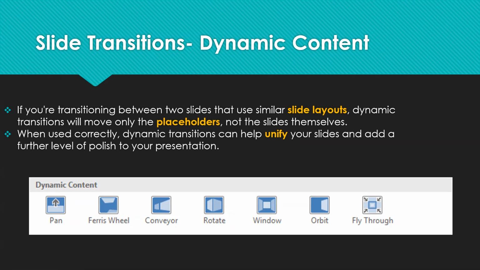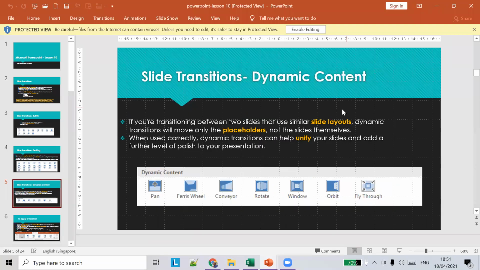What they are trying to do is, whenever the slide layouts are the same, as we talked about layouts, the transition will move only the placeholders, not the entire slide. The background doesn't change, just the layouts. The transition gets applied only at the layout level.